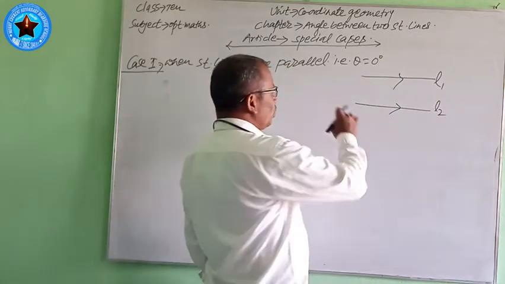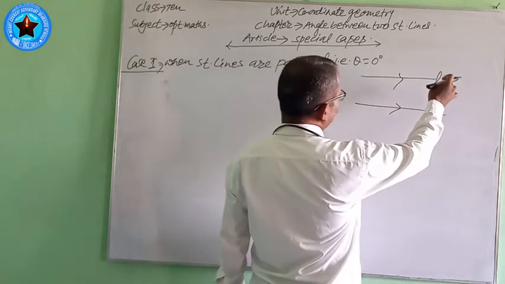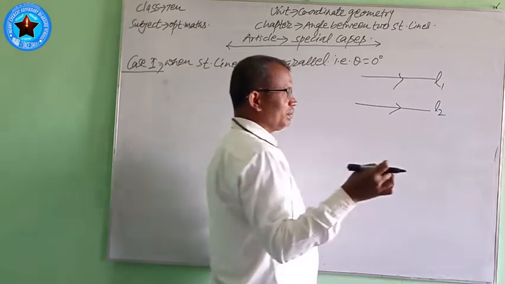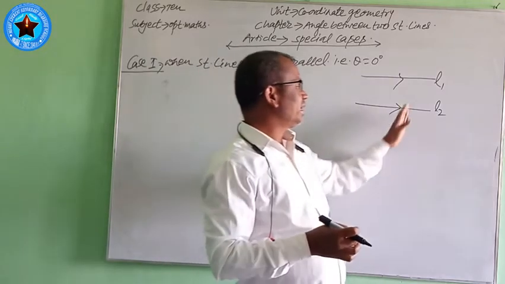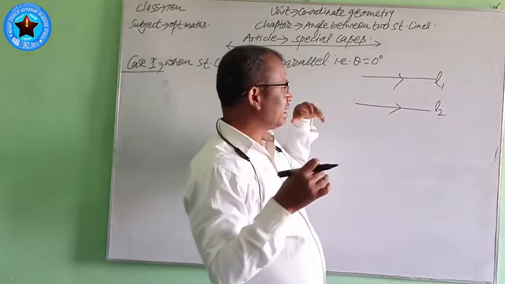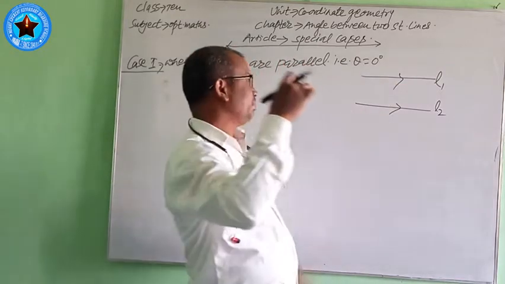Means there is no angular shape, no possibility of any angle between L1 and L2, because these two intersect nowhere even if both are extended to infinity.